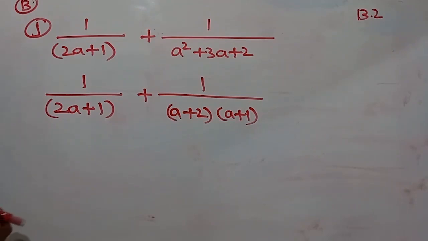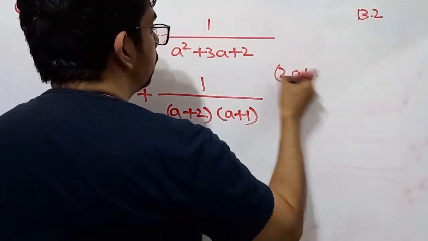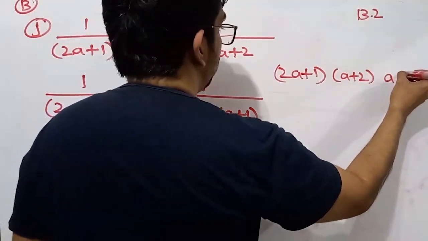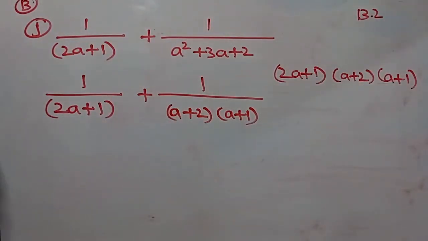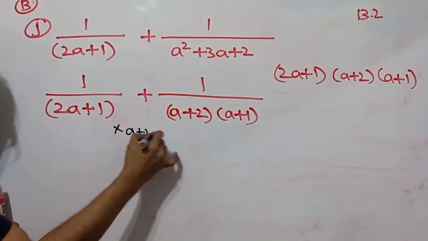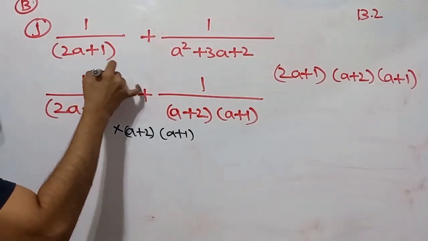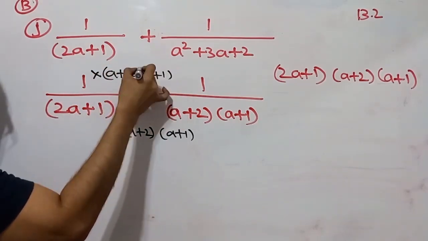So what should be the least common multiple? (2a plus 1)(a plus 2) and (a plus 1). So here we need to multiply 2a plus 1 by what? a plus 2 and a plus 1. So we need to multiply this by (a plus 2)(a plus 1).